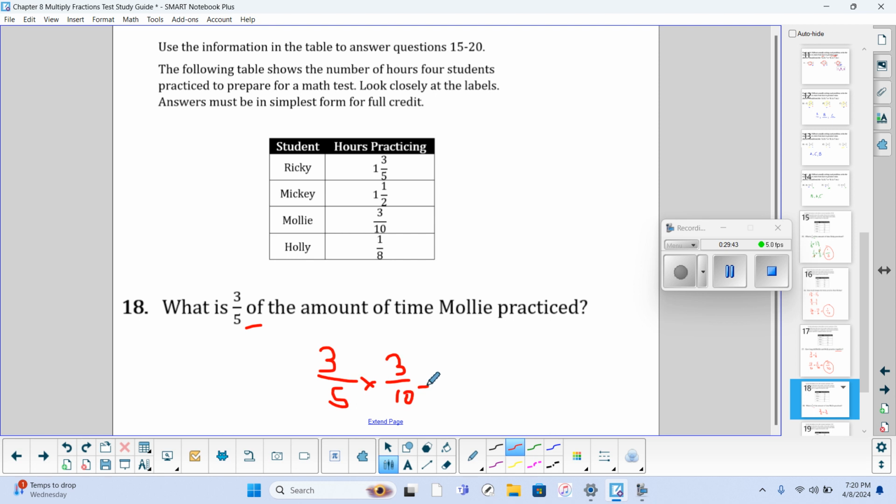Well, can I simplify before I multiply? And it turns out, no, I can't. 3 and 5 can't simplify. 3 and 10 can't simplify. I can't simplify the 3's here. I can't simplify them here. So I multiply straight across. 3 times 3 is 9. 5 times 10 is 50. 9 over 50 is the answer.